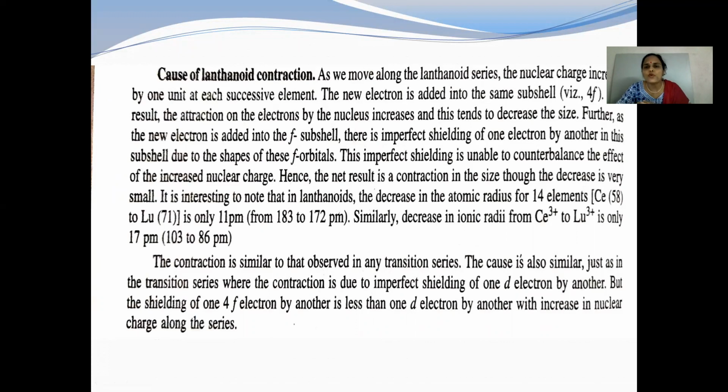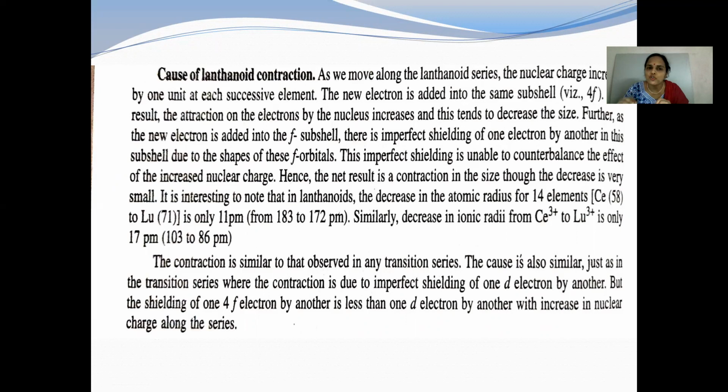As we move along the lanthanoid series, the nuclear charge increases by 1 unit at each successive element. The new electron is added into the same subshell, and as a result, the attraction on the electrons by the nucleus increases, and thus this tends to decrease the size.